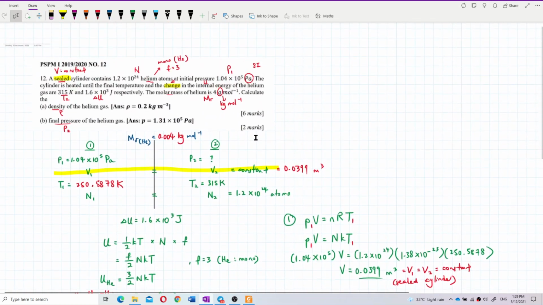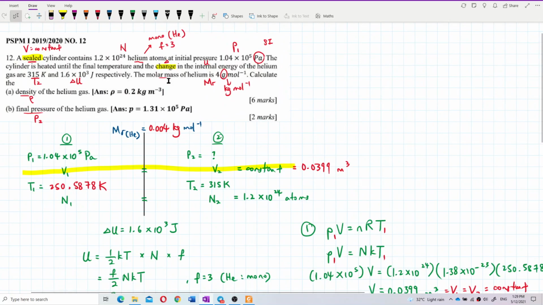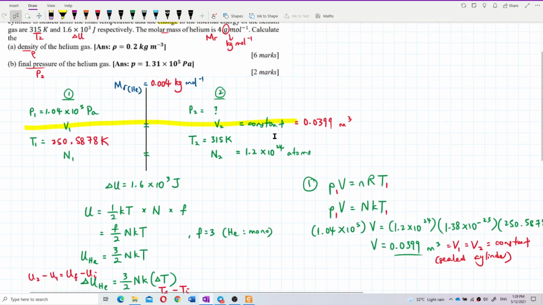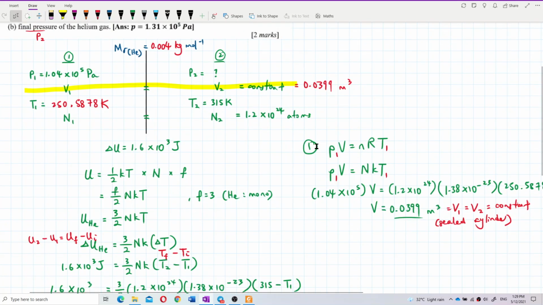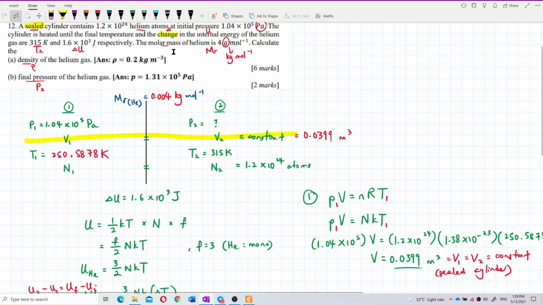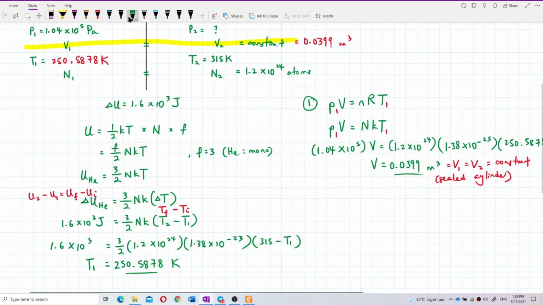So it gives us a molar mass, right? How can this help us? Molar mass is mass per mole. So how to find the total mass? Total mass is just the number of moles multiplied by the molar mass, isn't it?